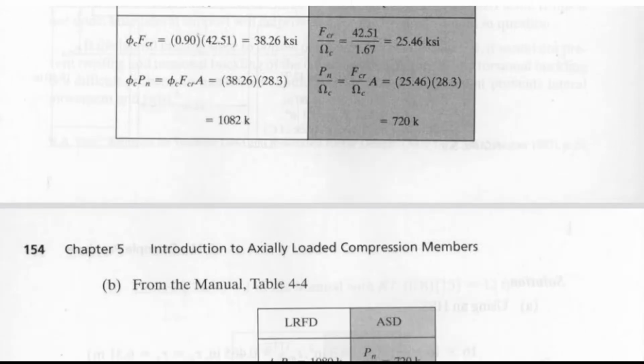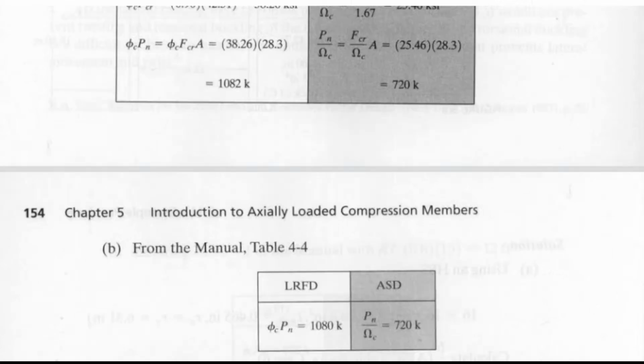Then, what about letter B? Using the table for the square. Okay, just take a look at the table and you will notice the answers for A and B are the same. 1080, 1082. A matter of 2.